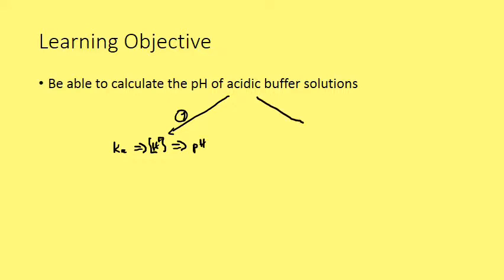And then the second type of problem involved a neutralization reaction first, before we were able to use our Ka to get our hydrogen ion concentration, which then enabled us to get our pH. So we did those two types of questions, and hopefully they were clear, and I'll see you in the next lesson.